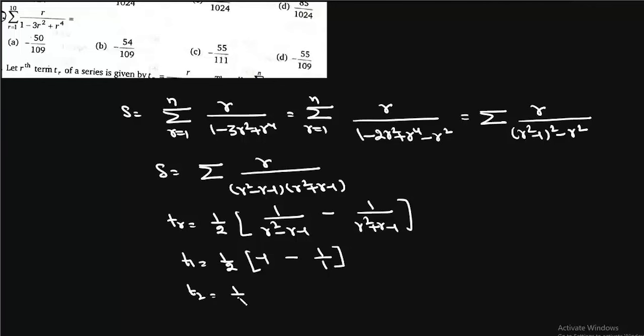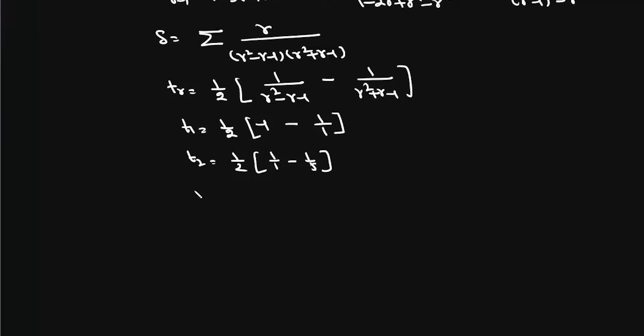Second term is 1 by 2. Now this is 4 minus 3, 1. And if we put r as 2, there will be 4 plus 2, 6 minus 1, so it will be 1 by 5. For r equals 3, it will be 1 by 2, and then it will be 9 minus 4, 1 by 5 minus, and here it will be 9 plus 3, 12 minus 1, 11.